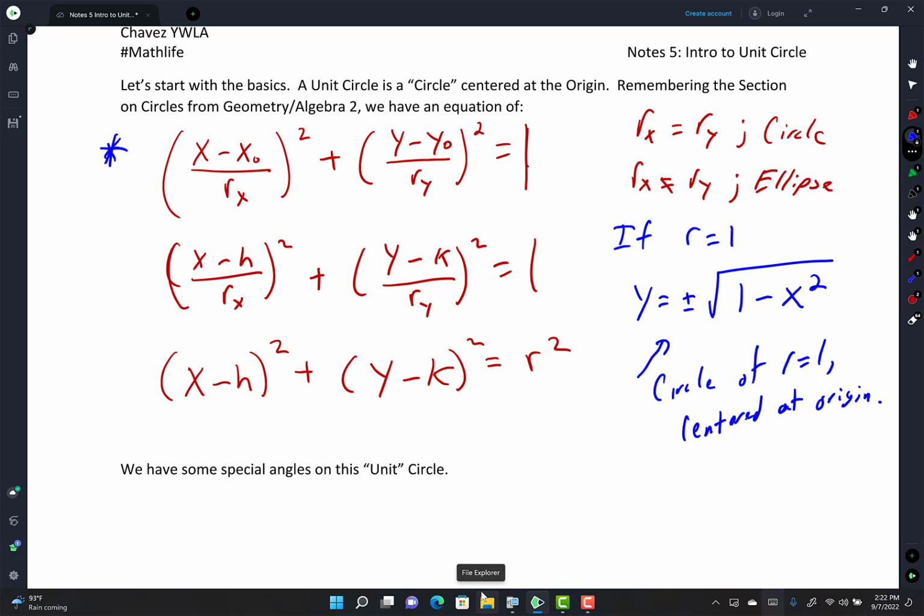Now, you should have seen it the very first time in its most basic form. You should have seen it in geometry, and then in geometry, you should have talked about circles and ellipses.